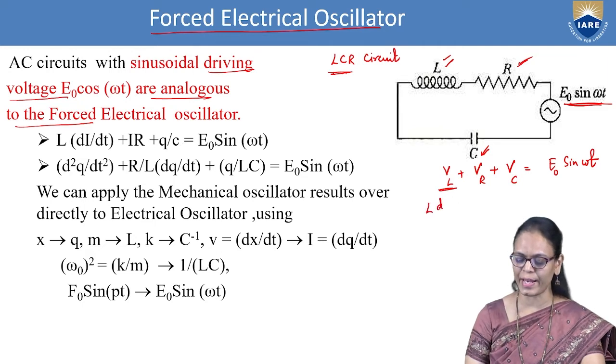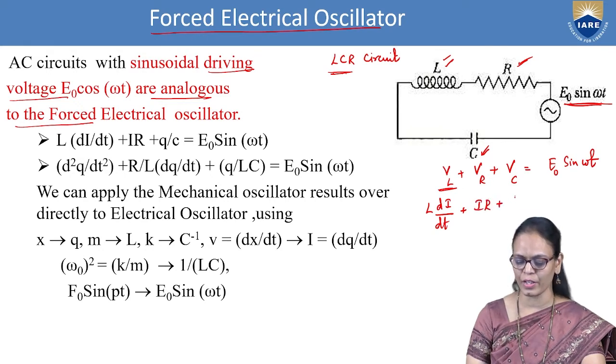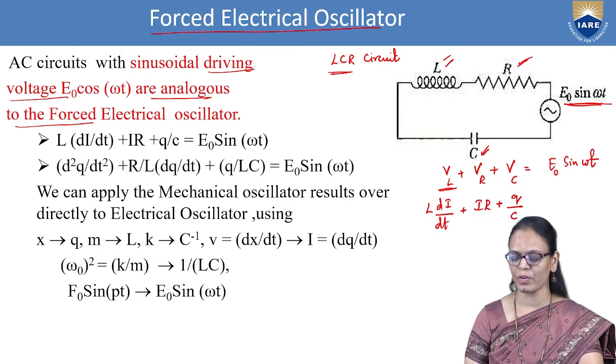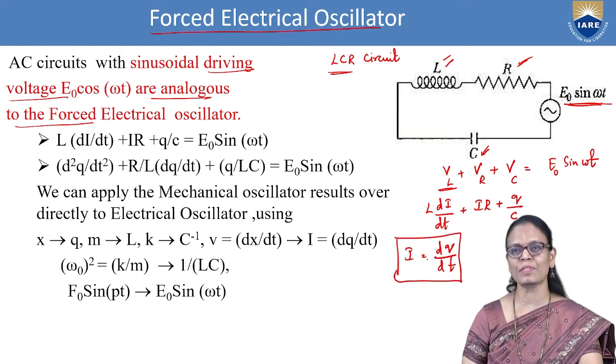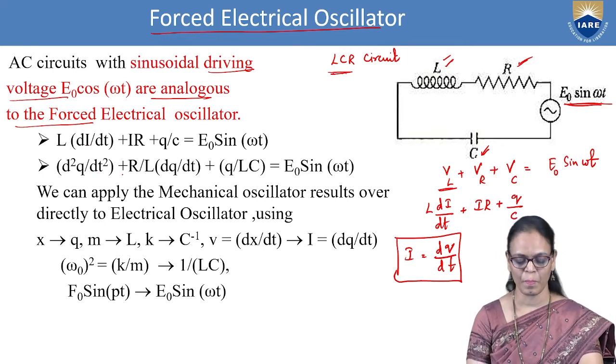VL is L into di by dt, VR is given by IR, and VC is given by Q by C. Here we substitute I equal to dQ by dt. What is I? The current is the rate of flow of charge. So I is equal to dQ by dt.